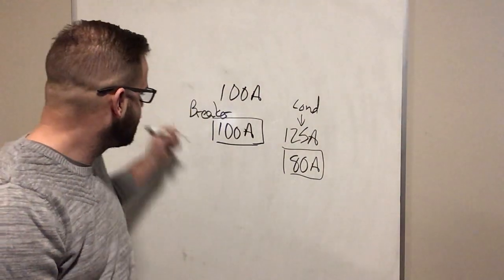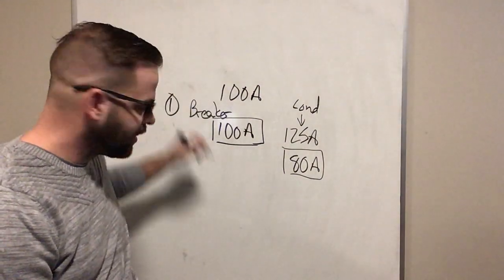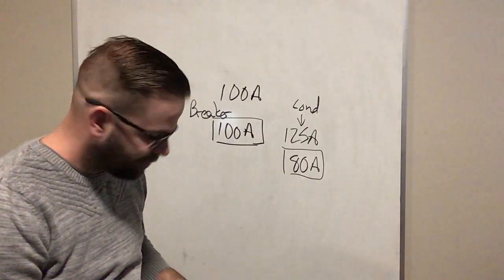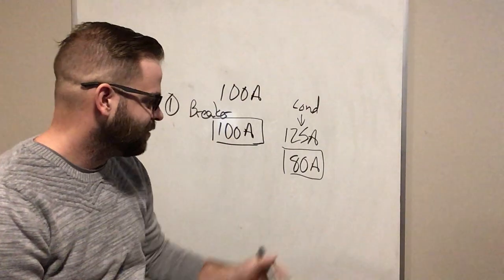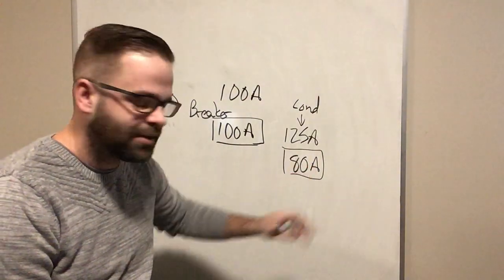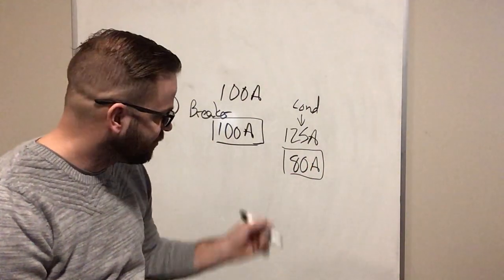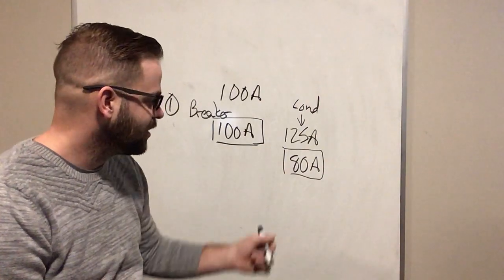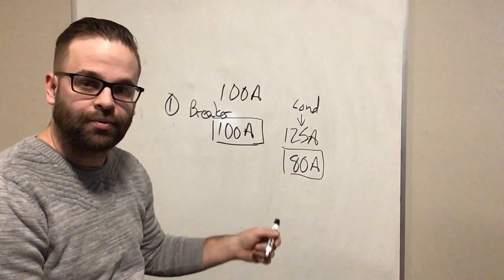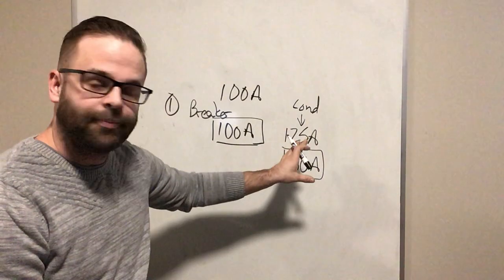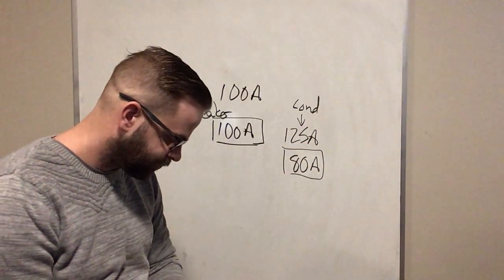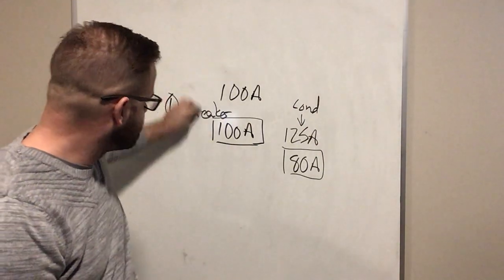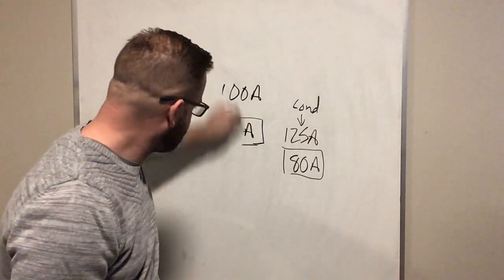So that's number one, and that's just a quick little example. It wouldn't be that far off. It'd probably be more like 95 amps, the difference between the two, but it's the lesser of the two, whether it's the rating of the wire or the rating of the breaker.